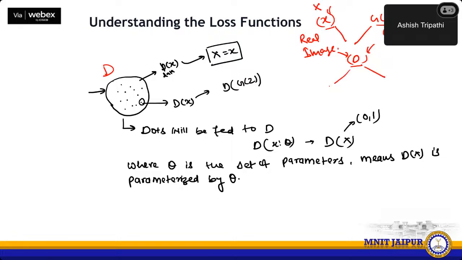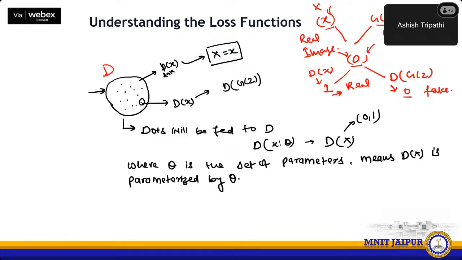To produce the output equivalent to 1 or nearby 1 for the real images. That means the output of D of X should be equivalent to 1 and the output of D of G of Z should be equivalent to 0, because 1 is the label for the real images and 0 is the label for the fake or generated images which have been generated by the generator.